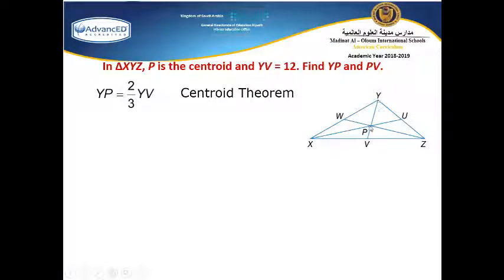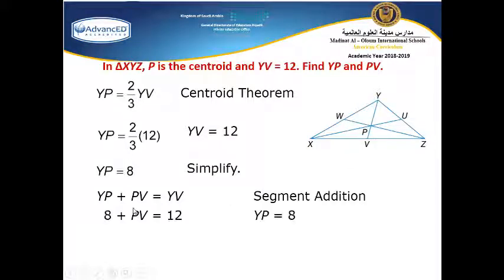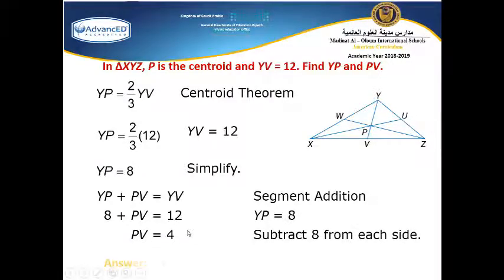We know that the centroid is 2/3 of YV. Then by substitution, YP equals 2/3 multiplied by 12, so YP equals 8. Since we know the length of YP equals 8 and we are given YV equals 12, by substitution we get that PV equals 12 minus 8, which is 4.